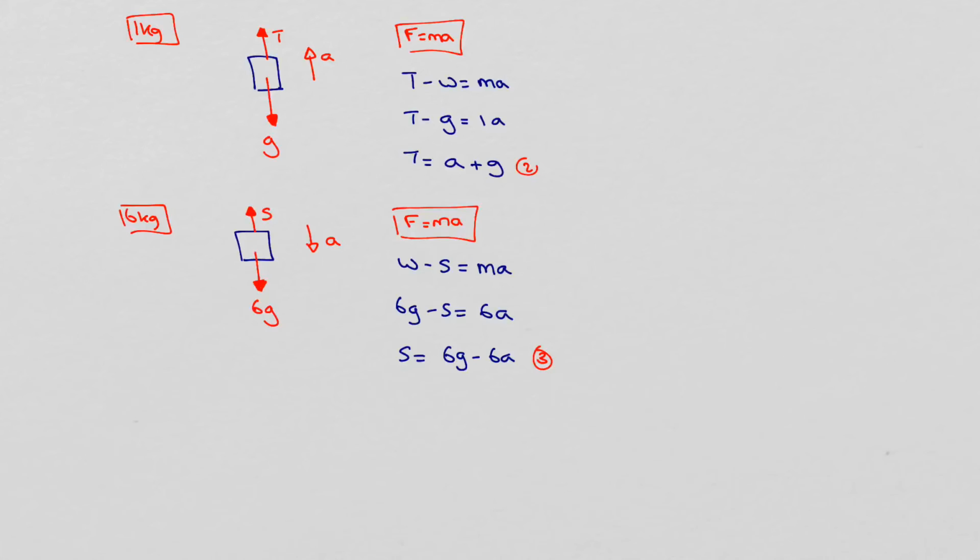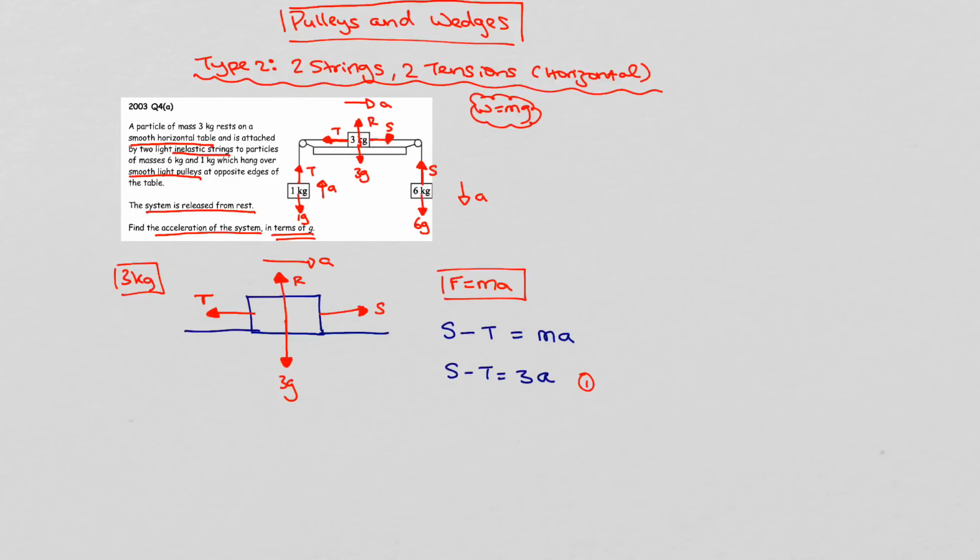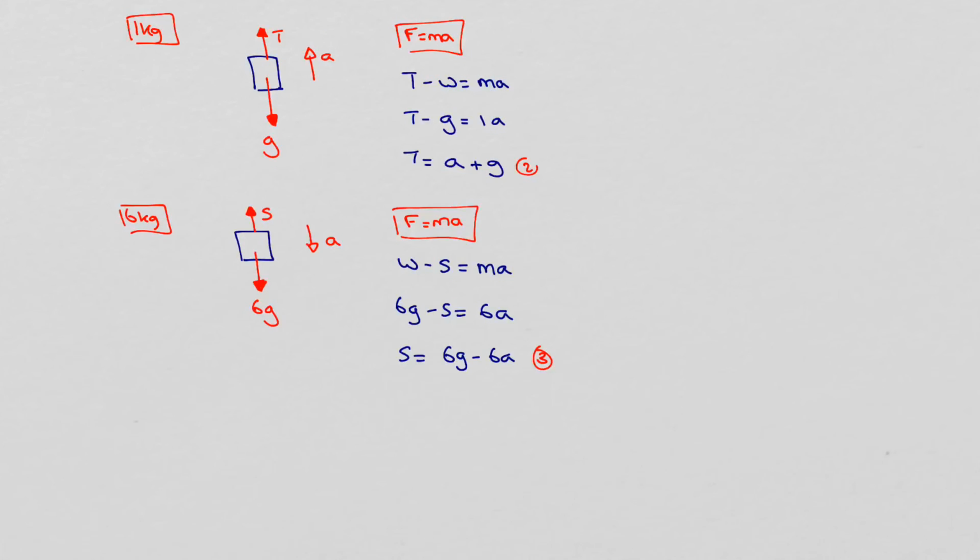So if I look at how I'm going to use these 3 equations, well, I have S minus T equals 3A. So that means I can put in for S and I can put in for T into equation 1, which means I will only then have A and G in my equation. And therefore that will allow me to get A, which is all I'm looking for in this question. I'm not interested in S or T. So what I'm going to do is I'm going to sub equation 2 and 3 into equation 1.